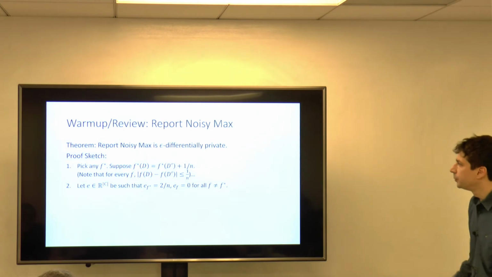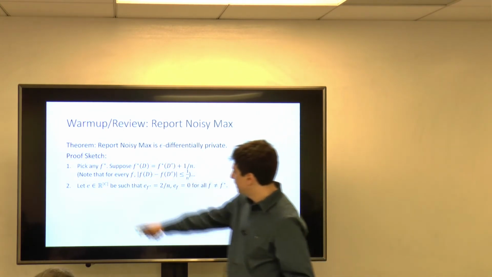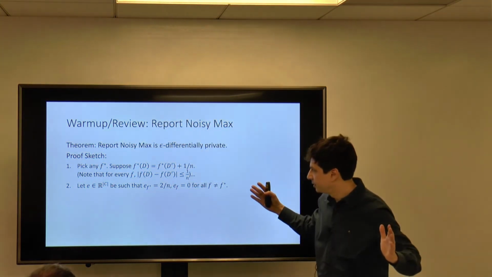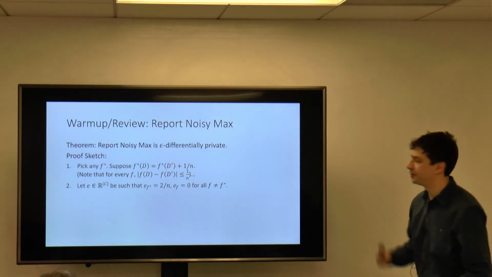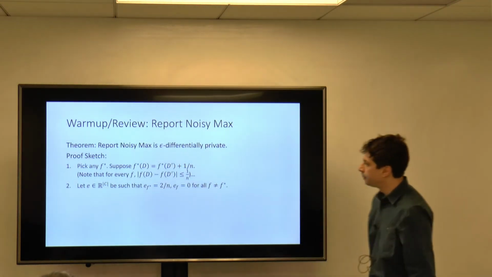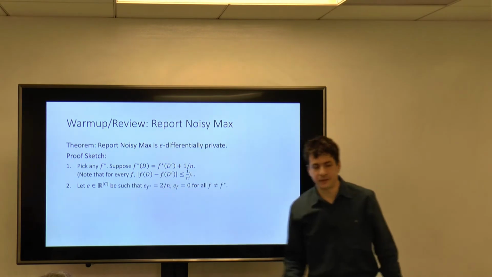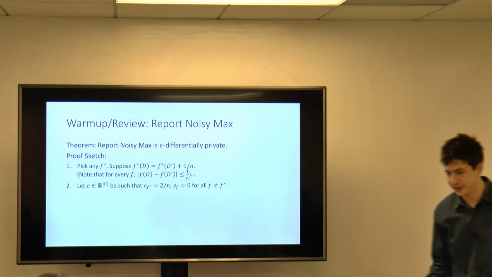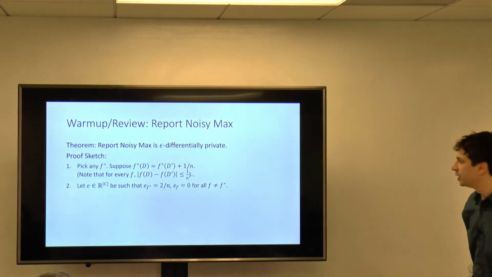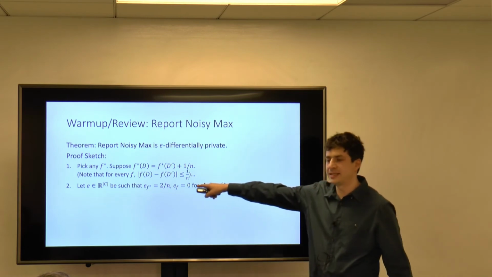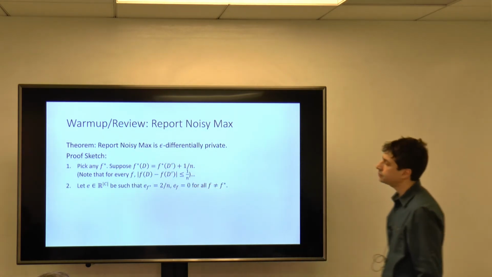Okay. So let's consider some vector of perturbations, 1 for every function in my class. In the index corresponding to f star, I'll want to shift the noise up by 2 over n. And I'll just leave it as it is in every other coordinate.